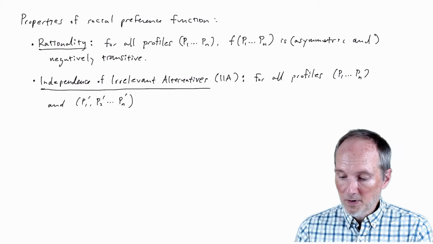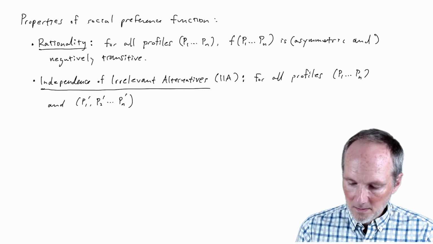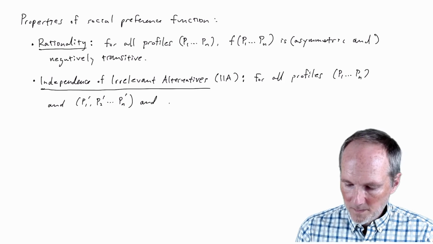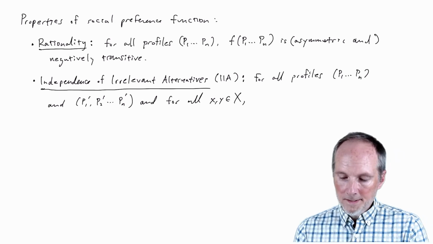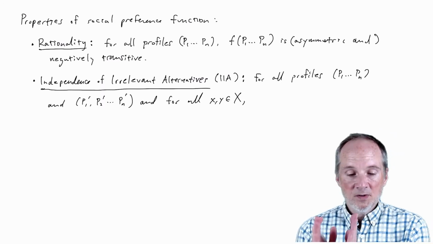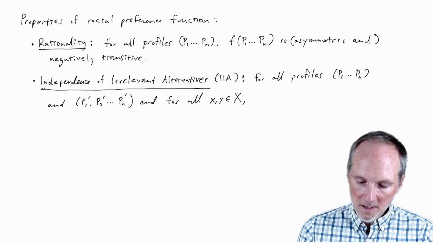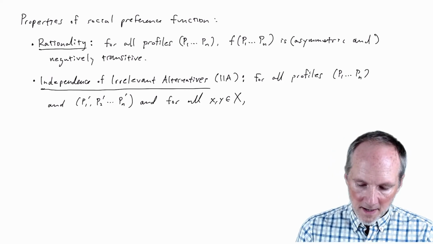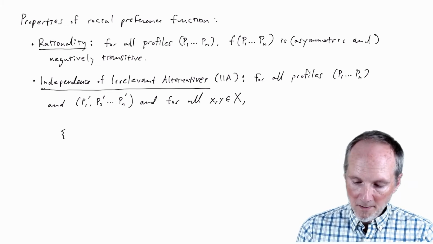Okay, for any two preference profiles, and for all pairs of alternatives, x and y, suppose we take a pairwise vote between x and y, and we ask how many people prefer x in the first profile.